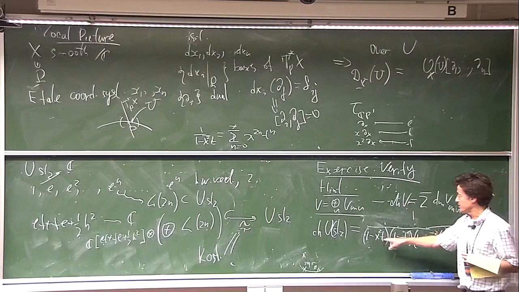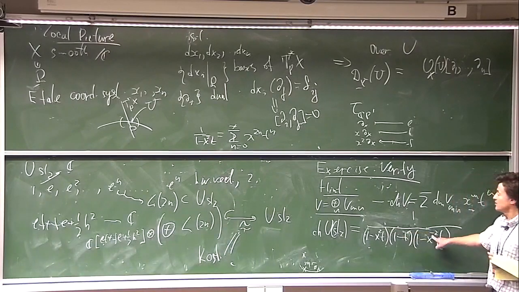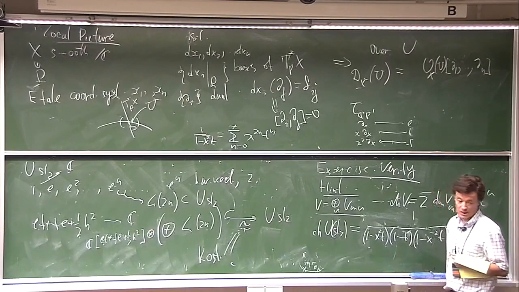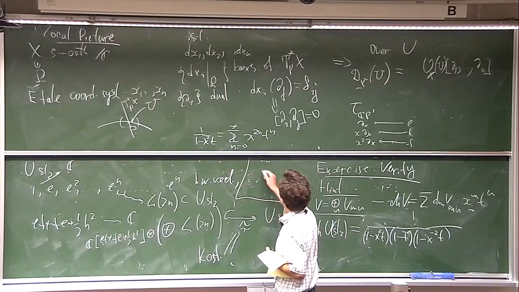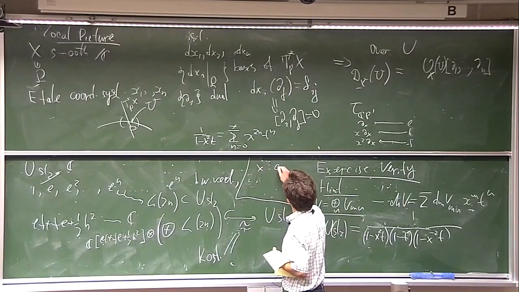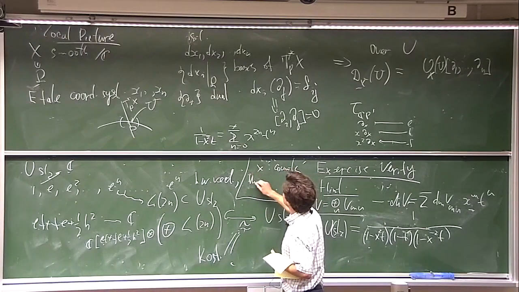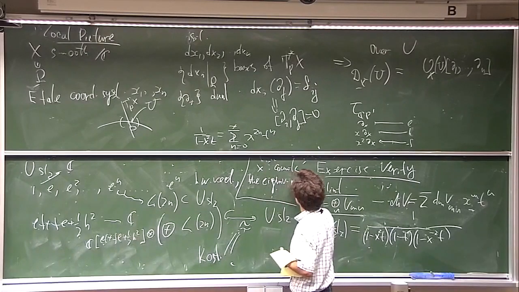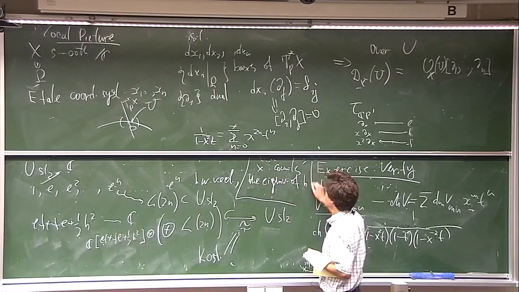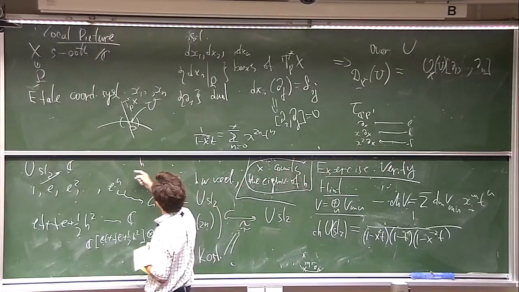What do x and t measure? These 2 and minus 2 give you a hint that these have to do with eigenvalues of H. So x counts, so to say, the eigenvalues of H. Remember, H is a diagonal matrix.